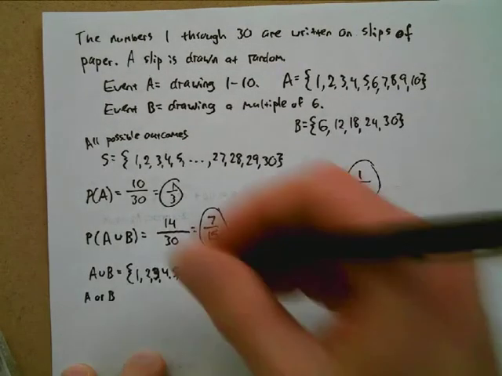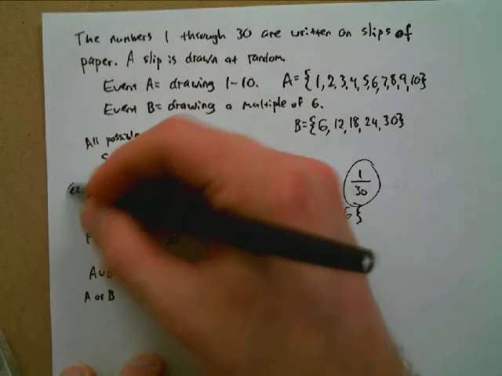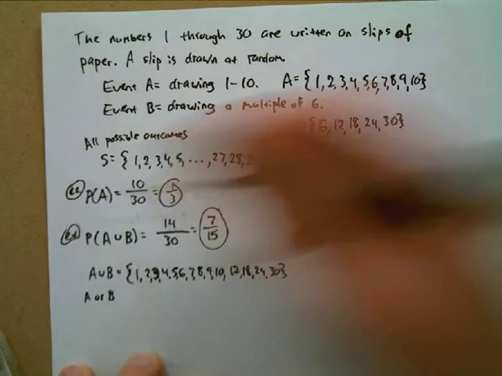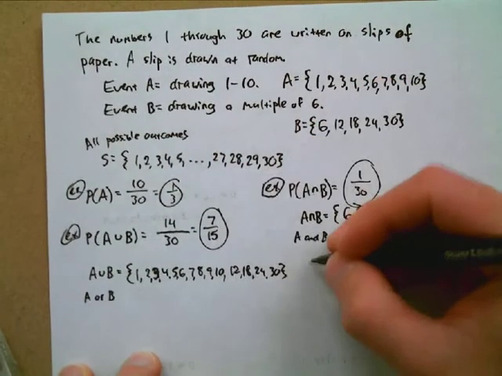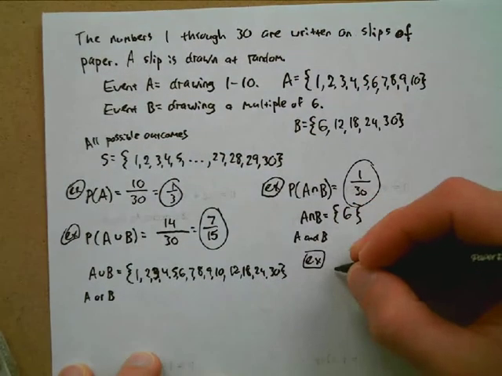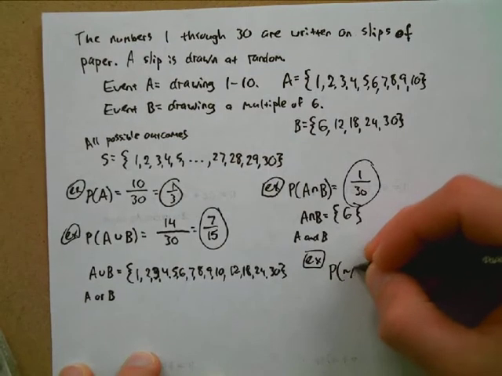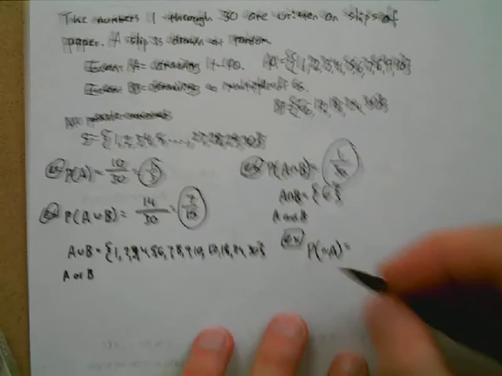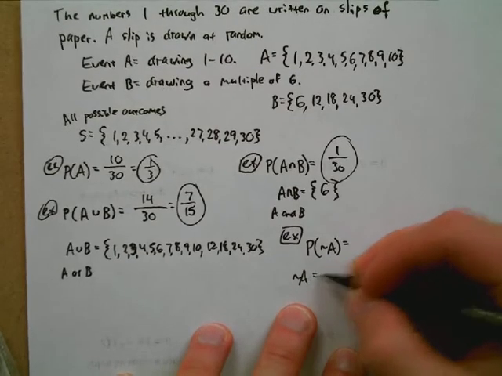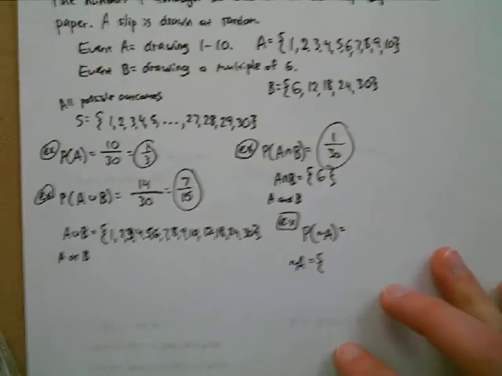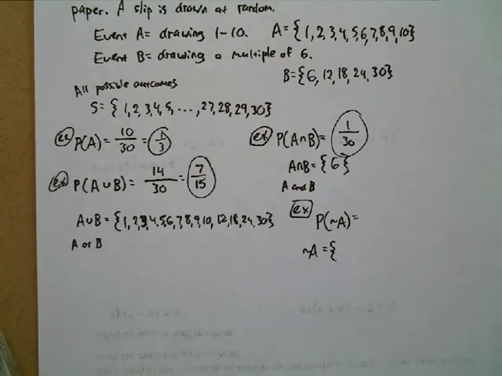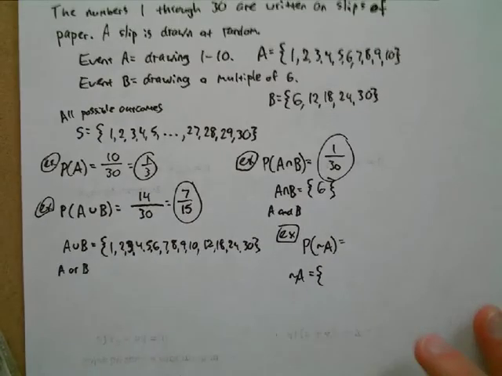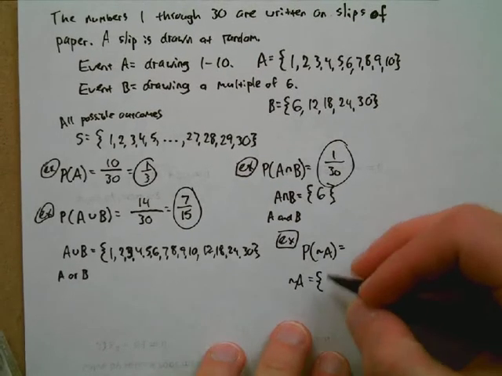And the last one here. How about the probability of the complement of A? Well, let's think about what the complement of A would be. We're talking about all the elements that are not in A. So let's start back at 11, right?